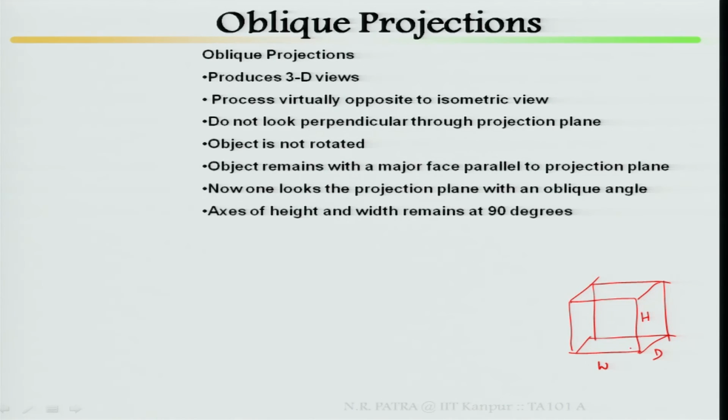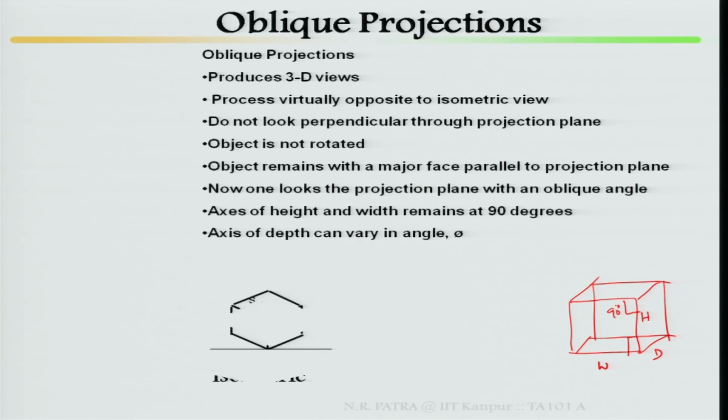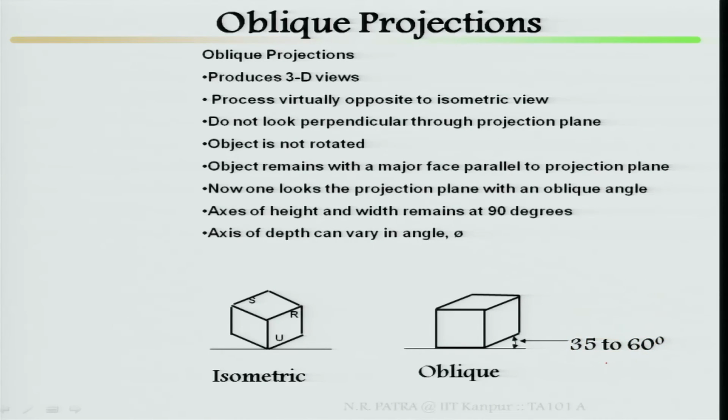So width and height remain 90 degree. That means this is the true shape you are supposed to see. The axis of depth can vary in angle phi, from 30 degree to 45 degree. Isometric is this, and oblique is 35 degree to 60 degree.